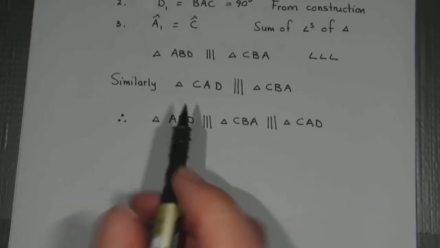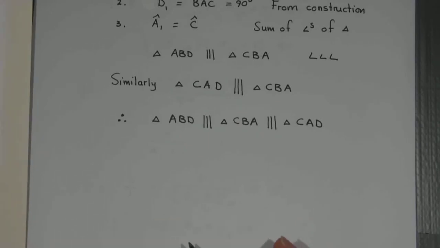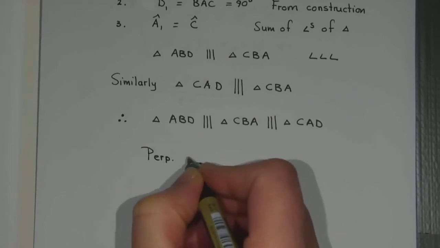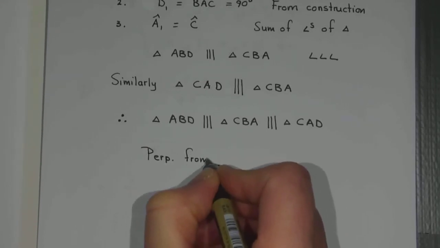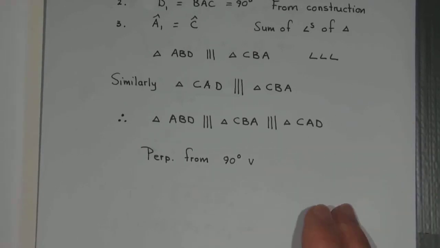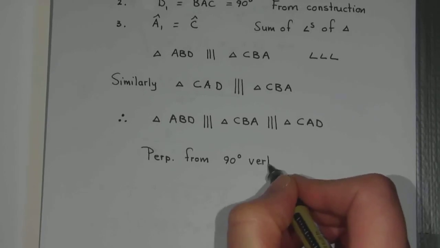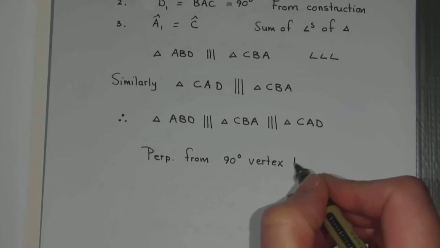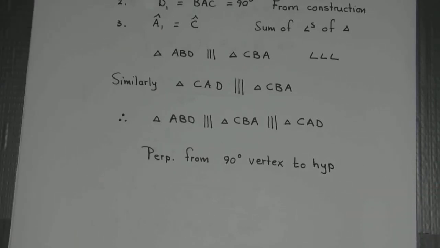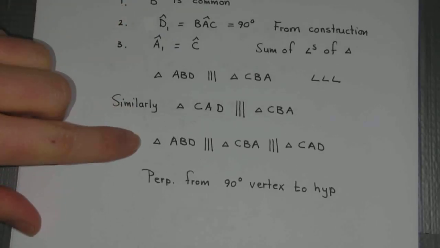So you can just jump straight to this one, and the reason for it will be: perpendicular from the 90-degree angle to the hypotenuse. That's a very fancy reason, but it's pretty much saying if I draw a perpendicular line from the 90-degree vertex onto the hypotenuse, then I can make that statement immediately.